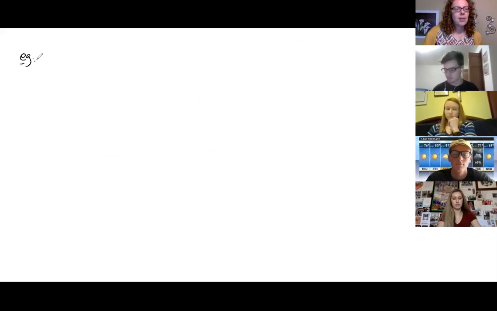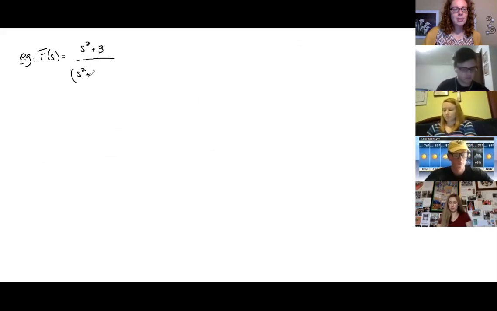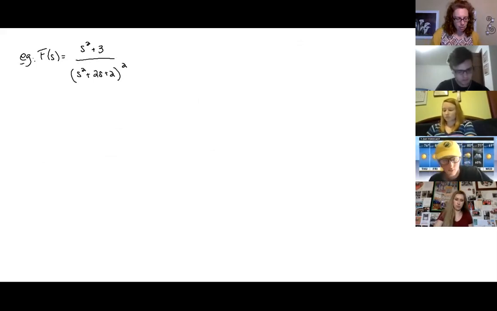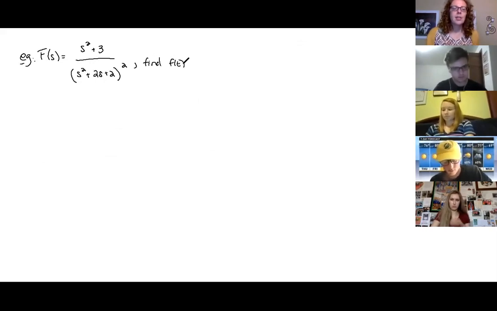So for example, capital F of S is equal to (S squared plus 3) over (S squared plus 2S plus 2) quantity squared, and I want to find little f of t. Actually, I'm going to label these as x's, I think. So let's say this is capital X of S, and we want to find little x of t.